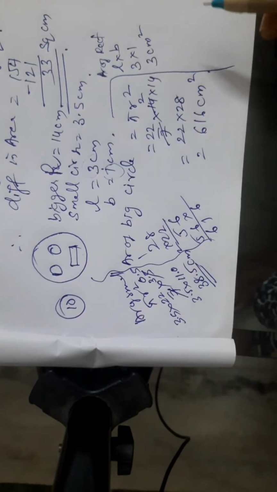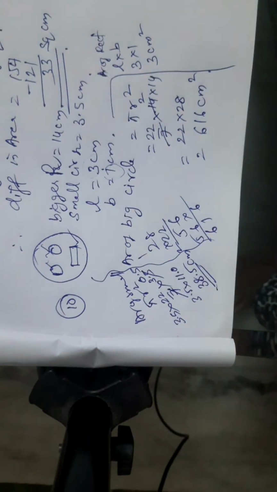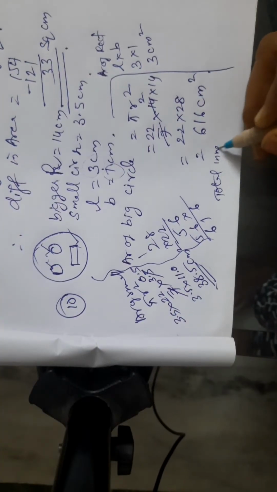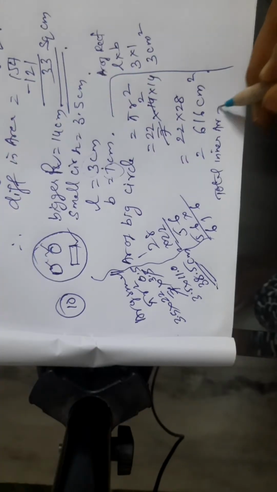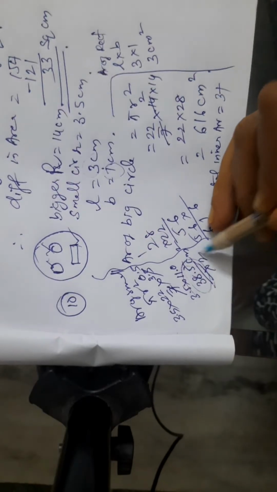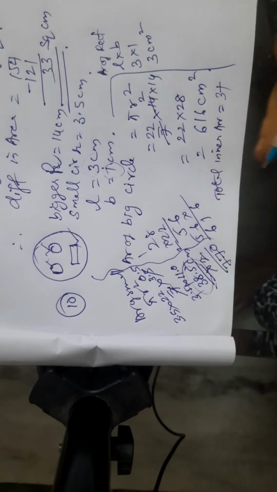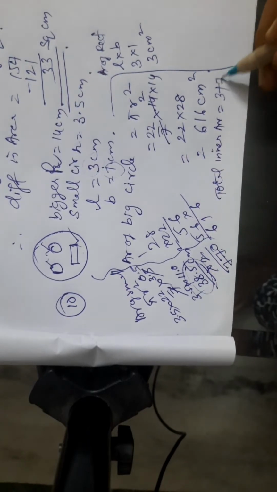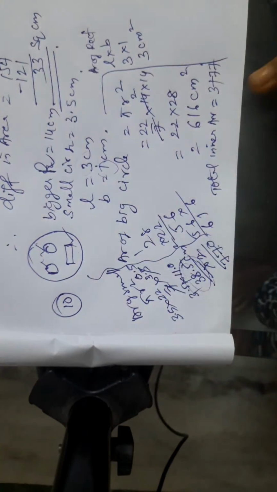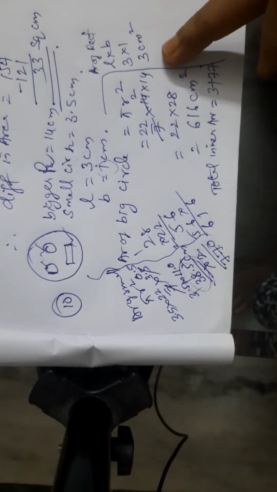Now altogether the area which we need to subtract, two circles and one rectangle is there. So the total inner area is 3 plus the area of two circles, so multiplied by 2, 77. So the total area we got, for two circles it's 77, and for the rectangle it's 3.